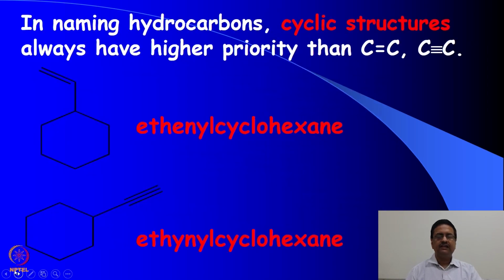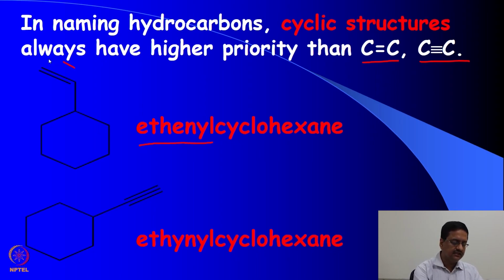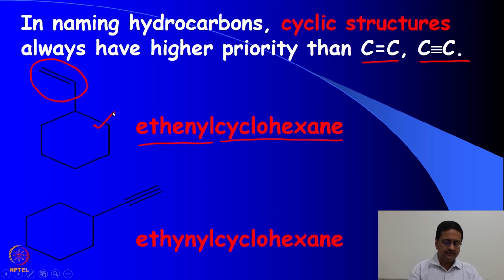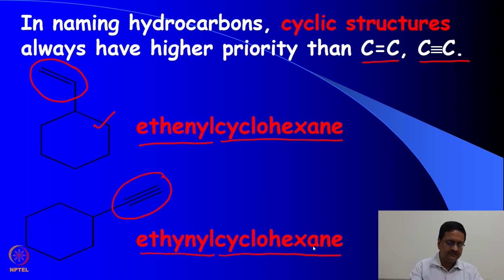When we try to name those cyclic structures, the cyclic structures always have higher priority over C double bond C or C triple bond C. So, this should be named with ethynyl as the substituent and cyclohexane as the parent. Similarly, ethynyl is the substituent and cyclohexane is the parent that we have here.